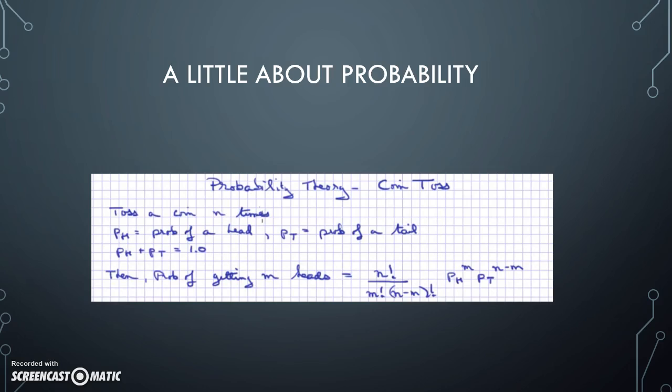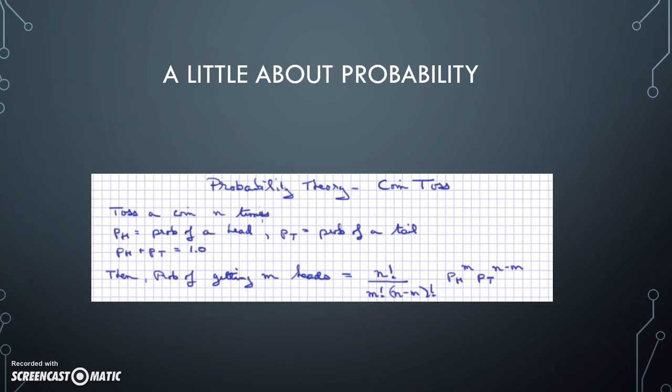So then the probability of getting m heads is determined by the equation n factorial over m factorial times n minus m factorial, times the probability of heads to the m, times the probability of tails to the n minus m.